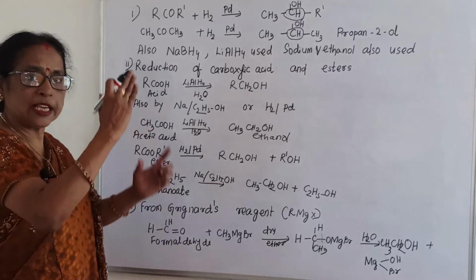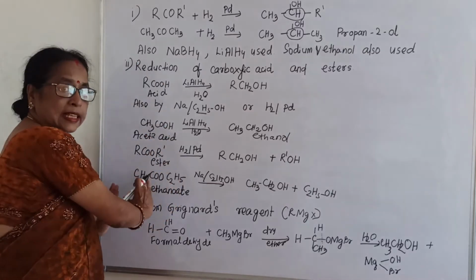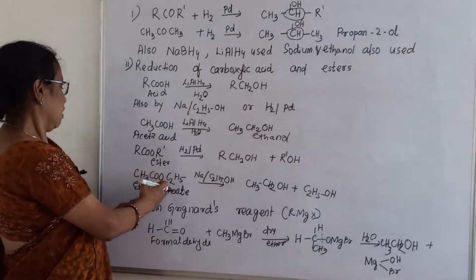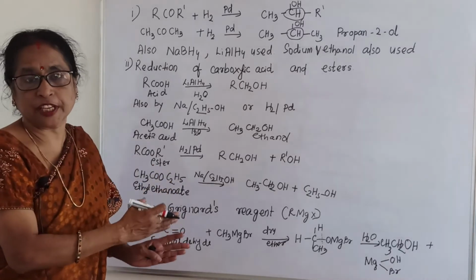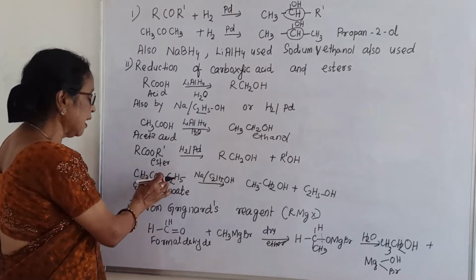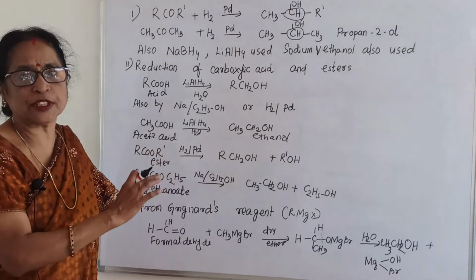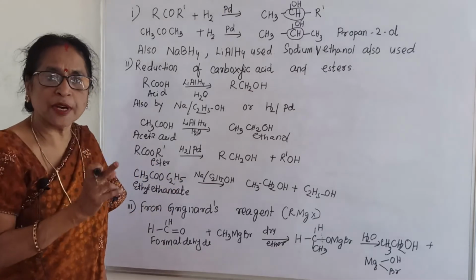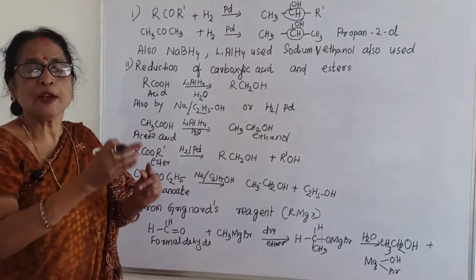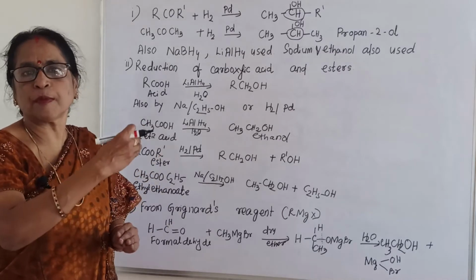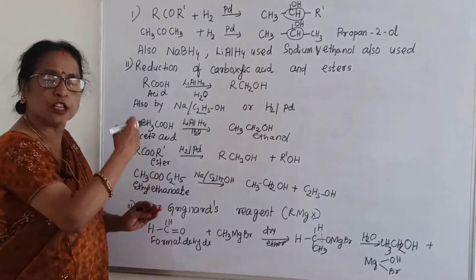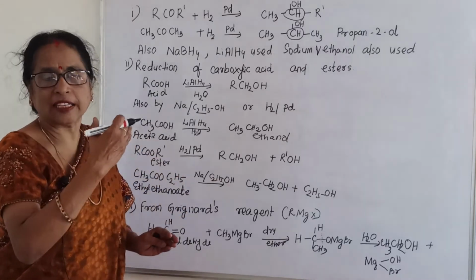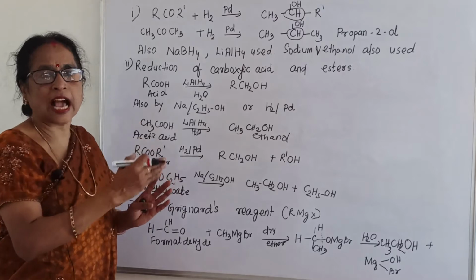And by common name, ethyl acetate, because acetate comes from acetic acid, and ethanoate comes from ethanoic acid. That is why the IUPAC name is ethyl ethanoate, and the common name is ethyl acetate.